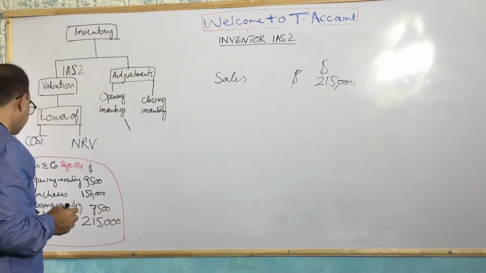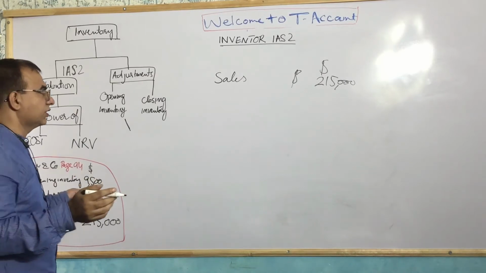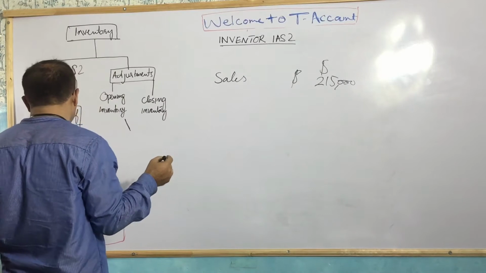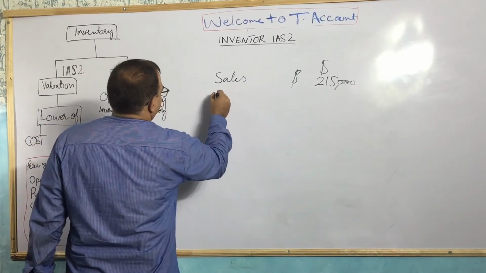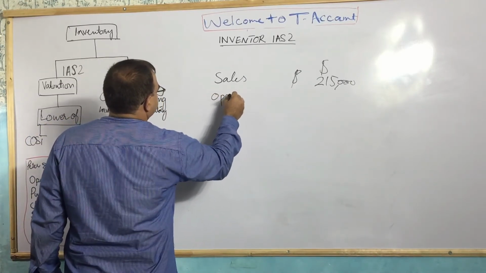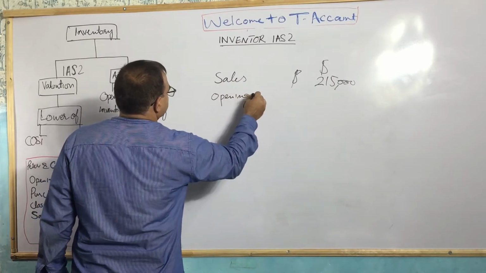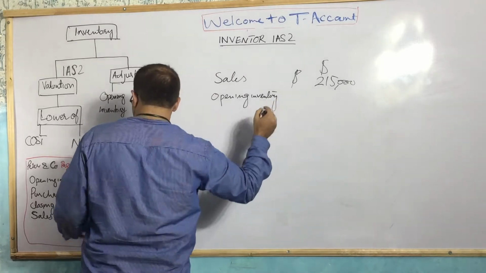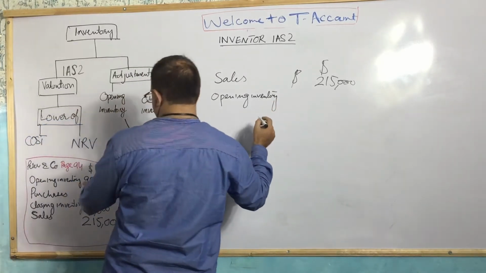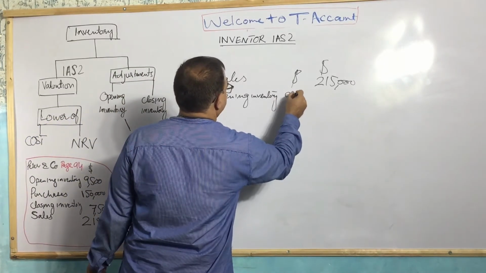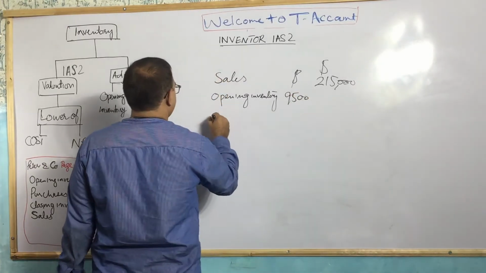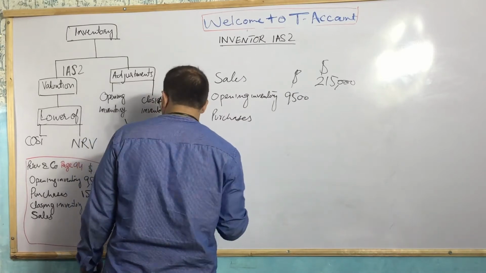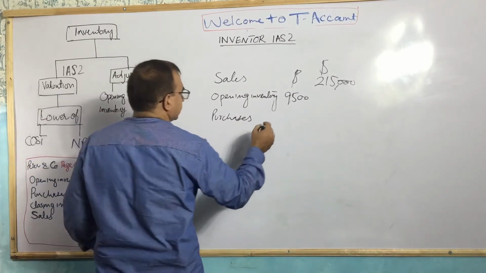Sales. Now we know how to calculate cost of sales, but that was in T account. Here in the statement form, first opening inventory, that is 9,500. We'll add purchases. Opening inventory plus purchases.